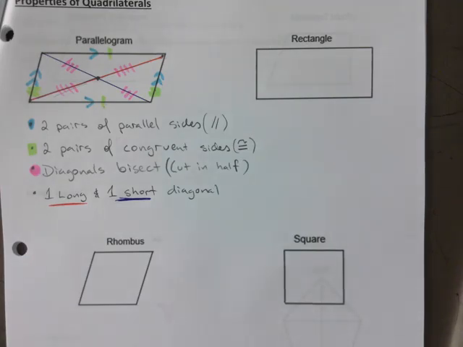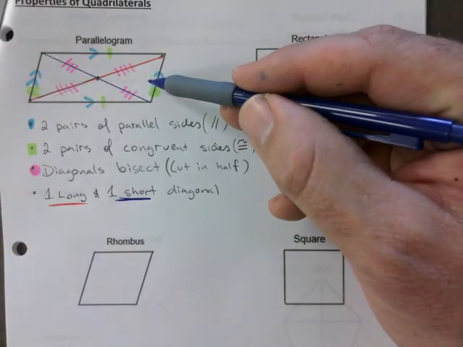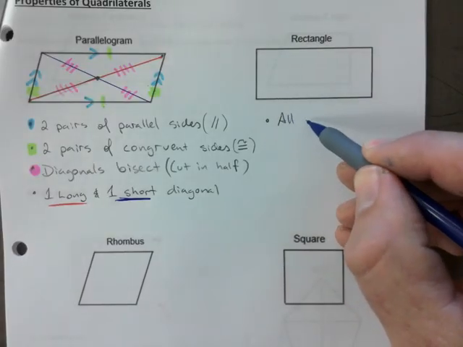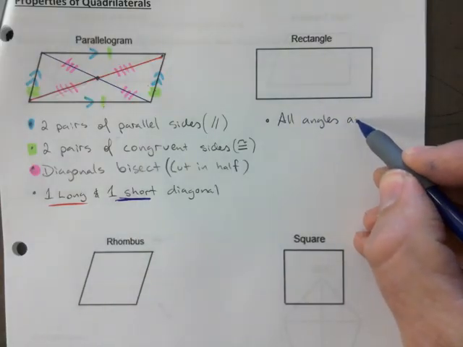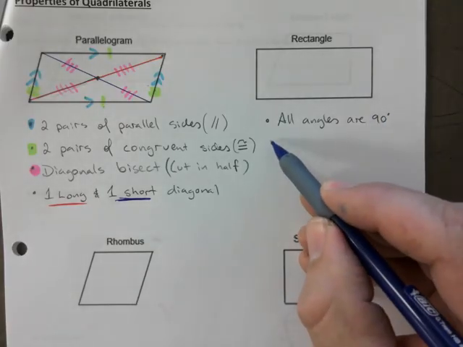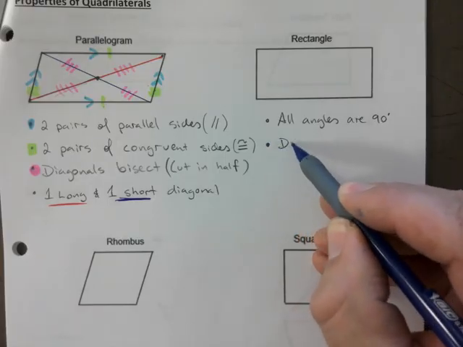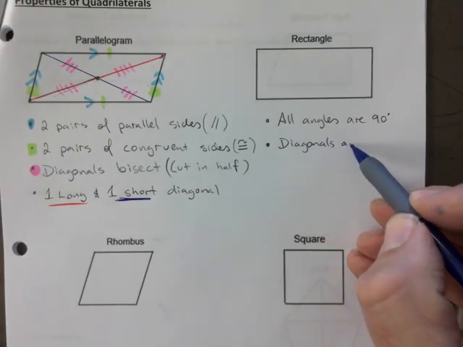Okay, rectangle. What's different? The only thing that you would have to change from here to here is all angles are 90 degrees or measure 90 degrees. Diagonals are what? Are they different or are they the same?